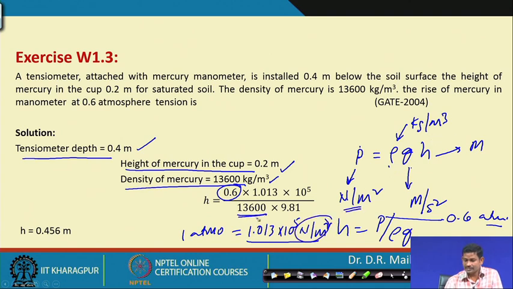And then density is given as 13600 kg per meter cube, and 9.81 is in meter per second square.